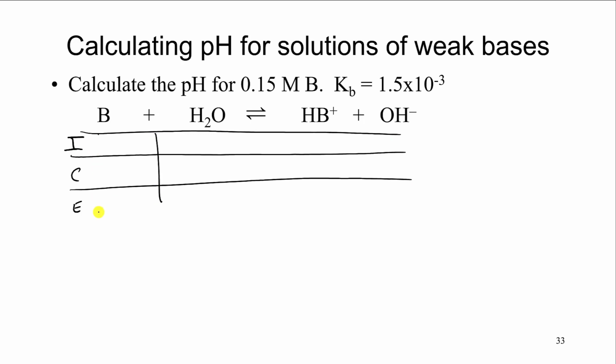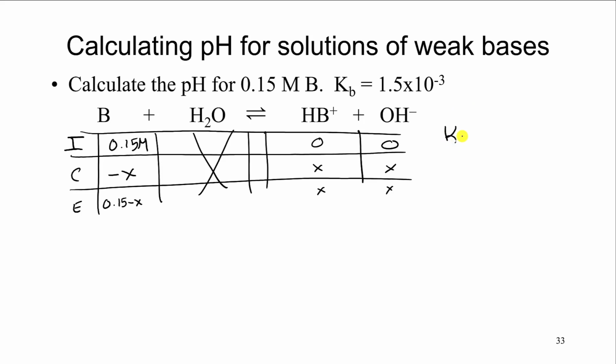And then, again, I cross this water out so I don't get confused by it. And then my base is 0.15 molar. And then my conjugate acid and my hydroxide are both going to be 0 initially. That's the assumption. And this will be minus x. These will be x, and this will be 0.15 minus x, and x.